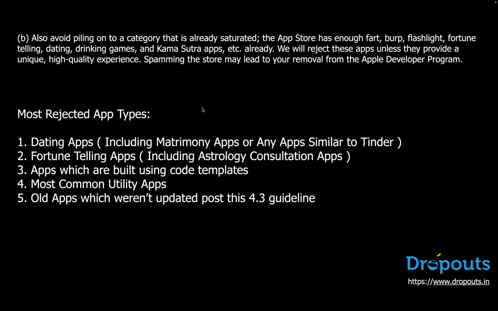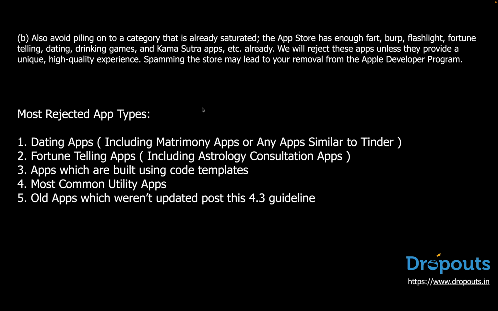And then there are the most common utility apps, which are usually up for rejection. There are a lot of VPN apps, so you need to make sure how your VPN app stands out, and how it is adding a lot of value to the customers.